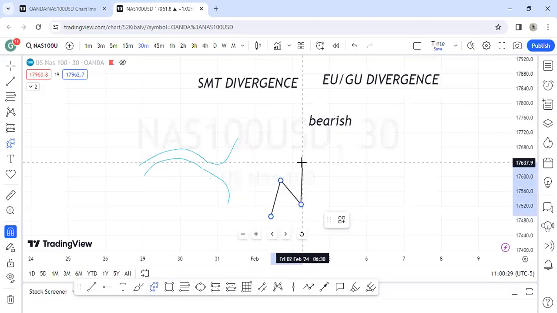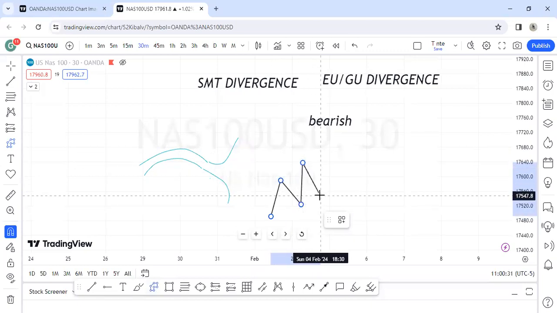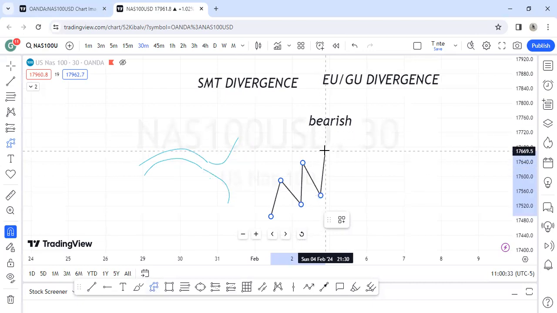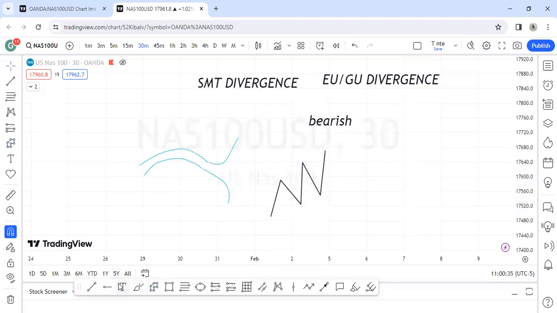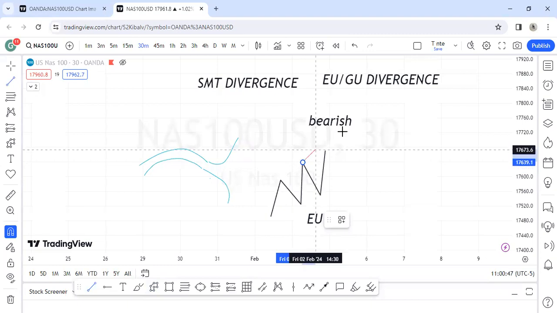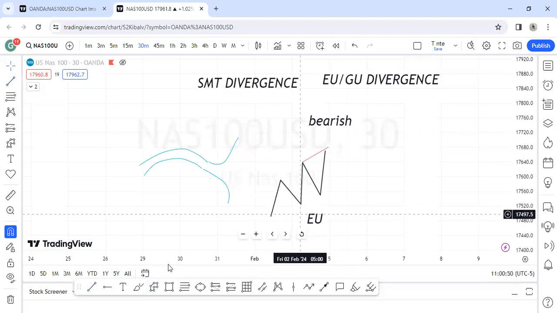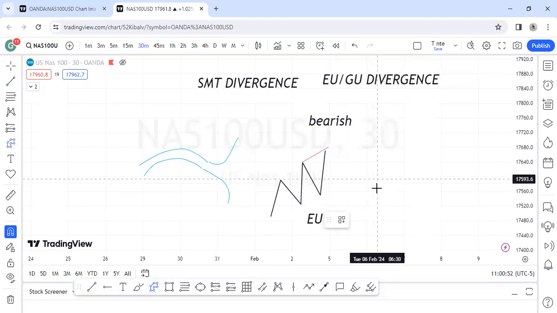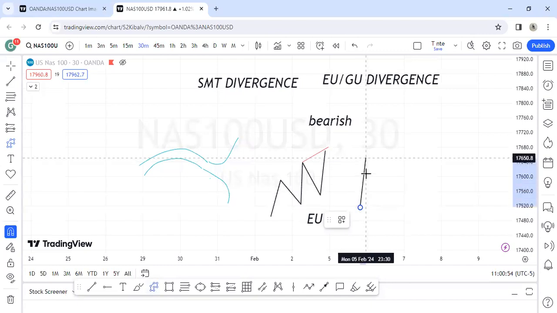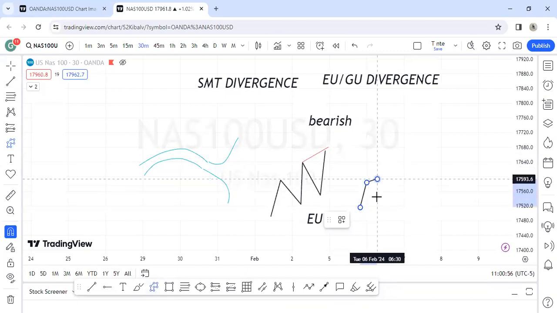The market is doing something like this, and makes a high. The first pair is Euro USD, EU. So EU made a higher high, and now you look at GU, and GU does something like this.